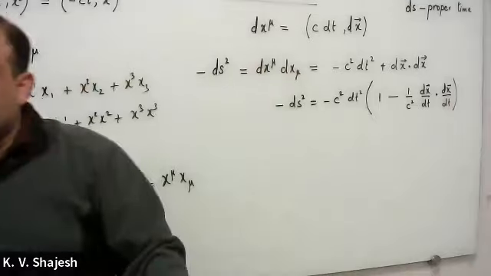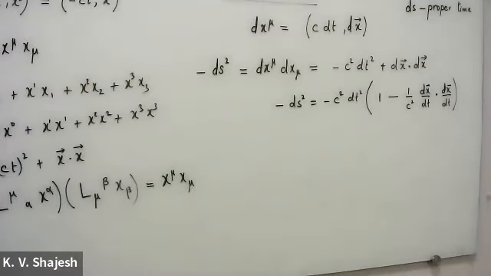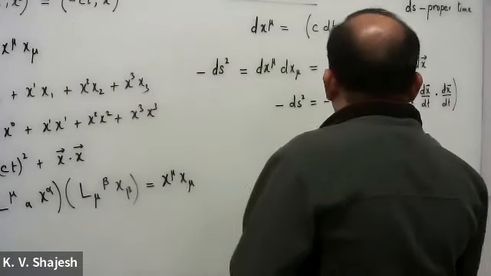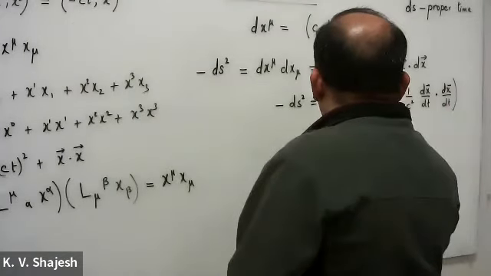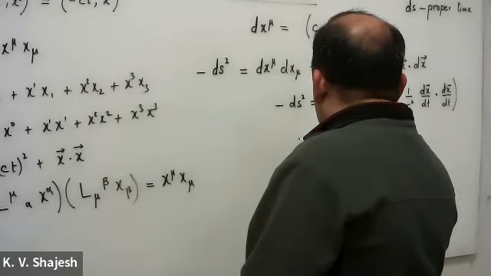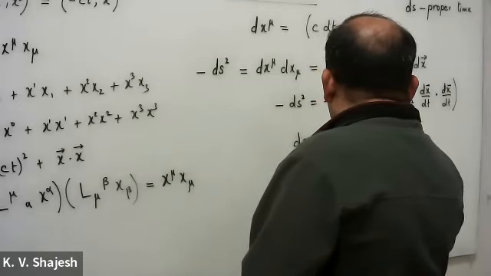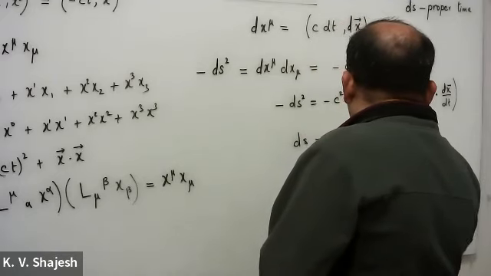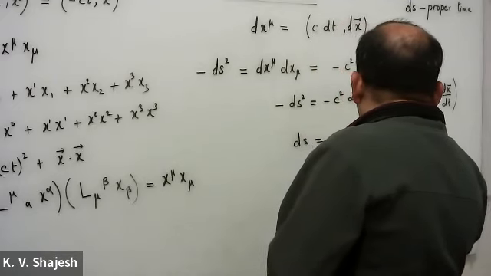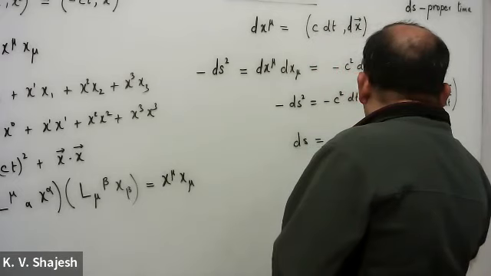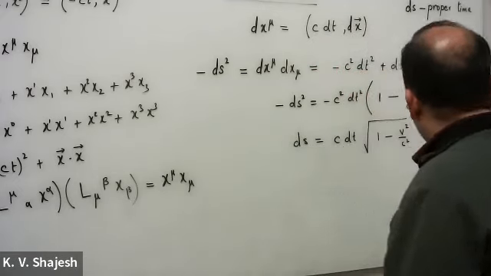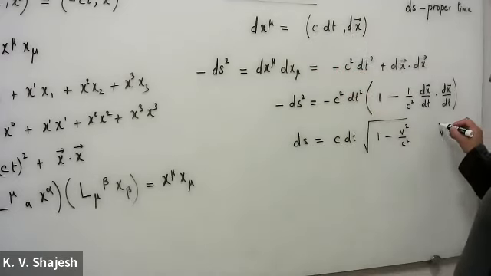Same old velocity, same Newtonian velocity. We have not changed the definition of velocity. So the negative sign goes away, and I have ds is equal to c times dt times square root of 1 minus v squared over c squared, where I defined my v to be dx by dt.